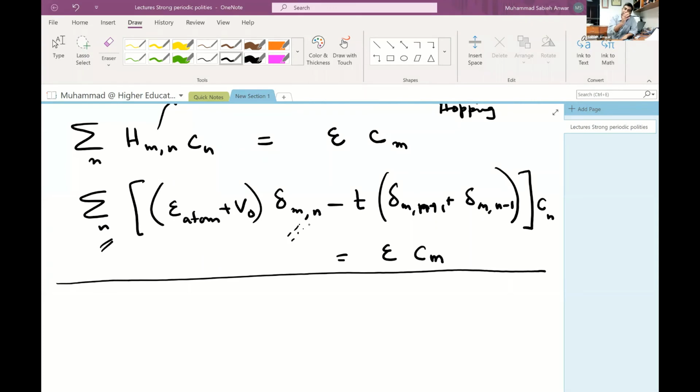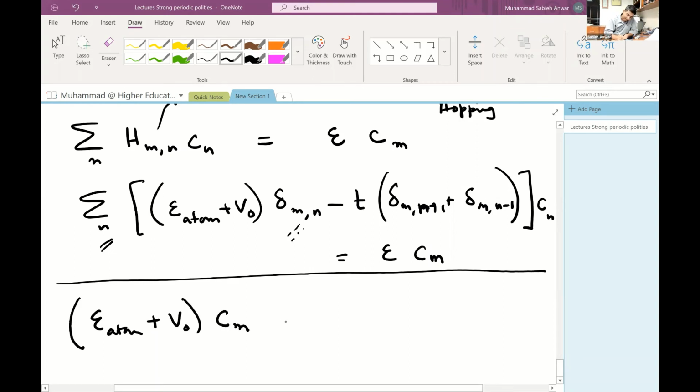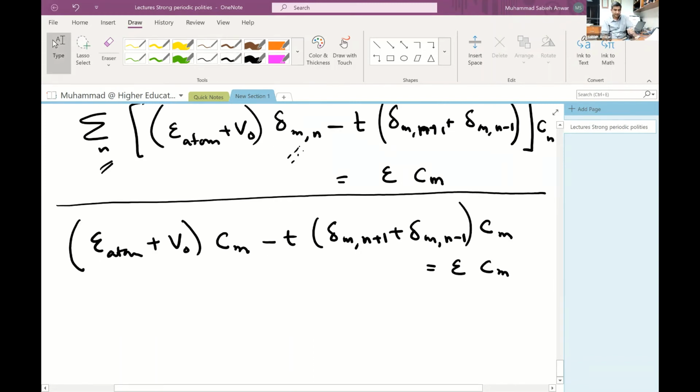So the summation on the left hand side just withers away, and I'm left with epsilon atom plus V naught times Cm, minus t times delta_m,n+1 plus delta_m,n-1 times Cm is epsilon Cm. So far so good. Now I need to solve this equation, which luckily is an algebraic equation, and that will give me the C's, which are all that I need in order to construct the eigenfunctions.